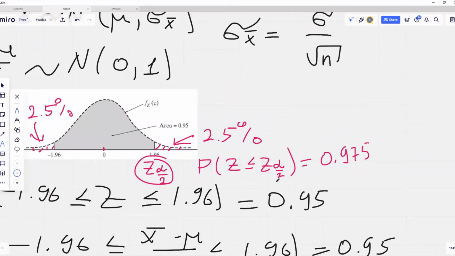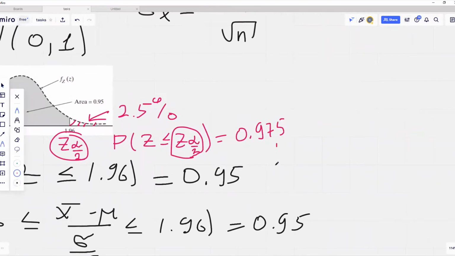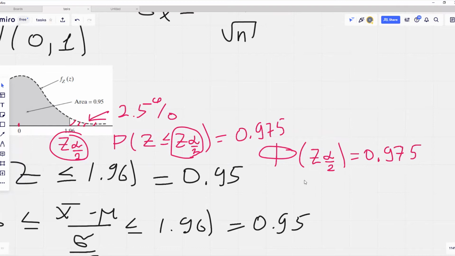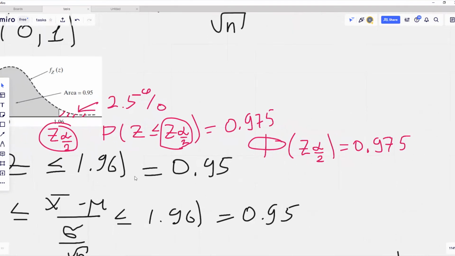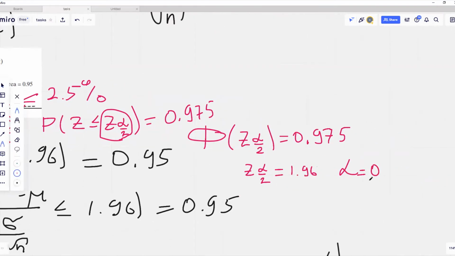This value is basically the point where CDF is equal to 0.975, and this value is equal to 1.96, when alpha is equal to 5%, or 0.05.